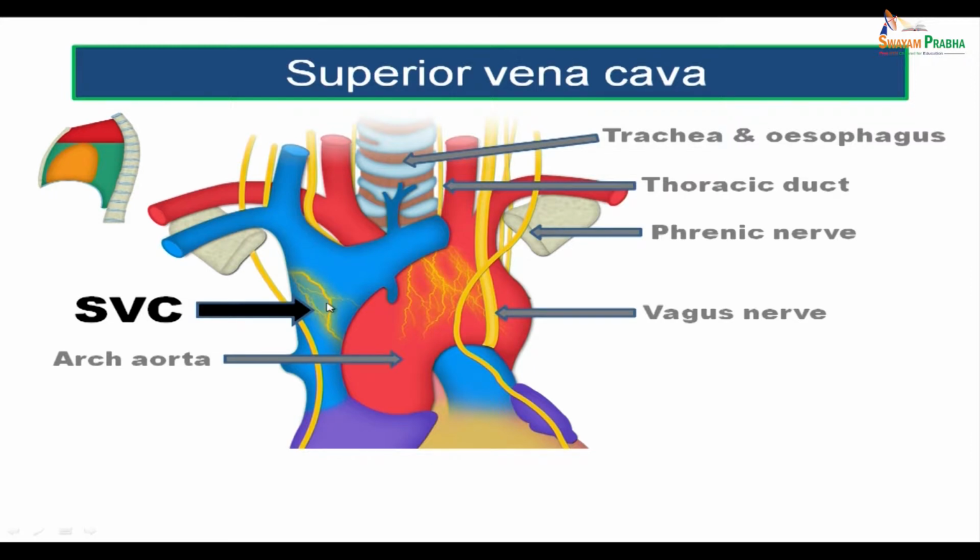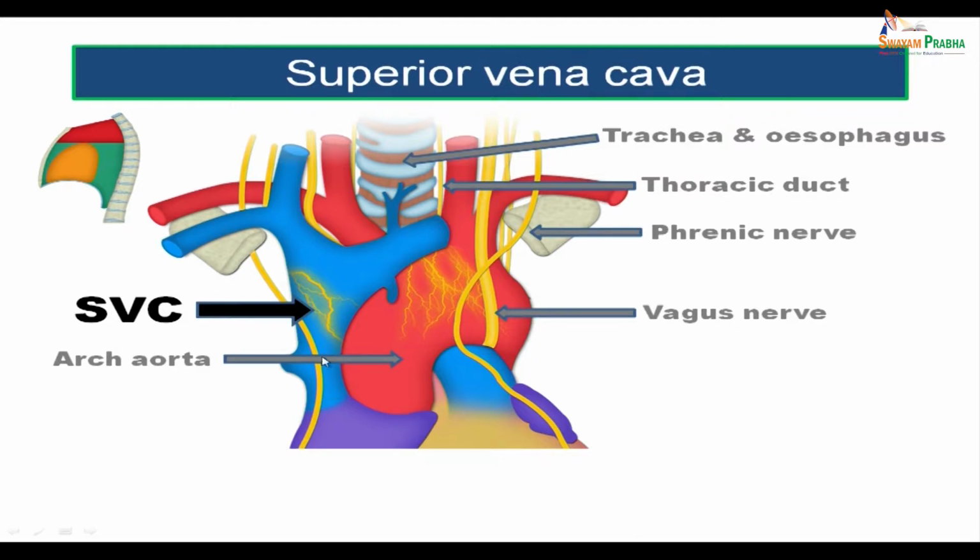This is about 7 centimeters in length. The proximal part of the superior vena cava, about 3.5 centimeters, is extrapericardial. At the level of the second costal cartilage, it pierces the pericardium and enters the pericardium lying within the middle mediastinum, and this is intrapericardial.